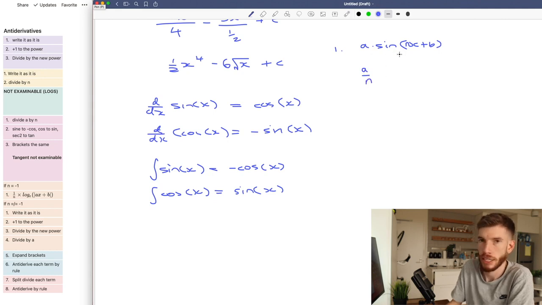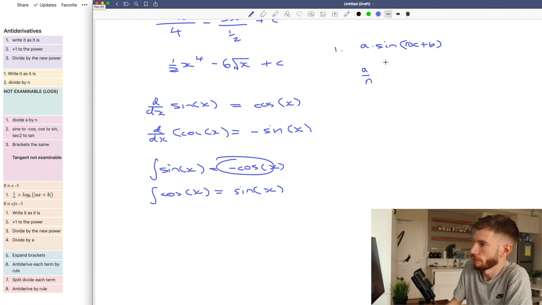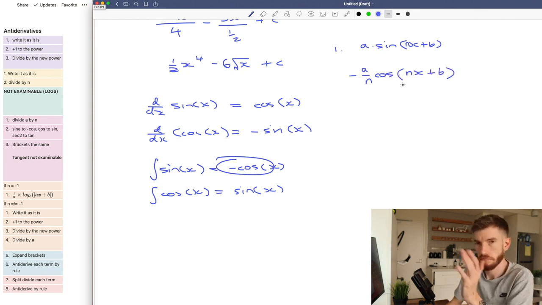Then we deal with what sine does. Does it go to cosine, or does it go to negative or positive cosine? In this case, it's going to go to negative cosine. So we're going to put a negative out the front as well. I'm going to piece it together, cosine. And the good thing is the brackets always stay the same in these. We've already factored in the n, and it's good to go.